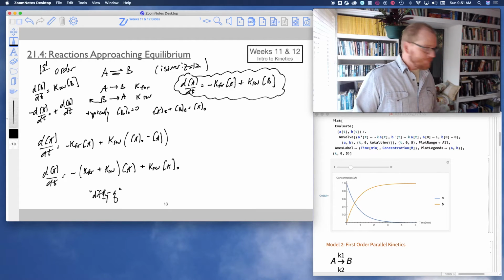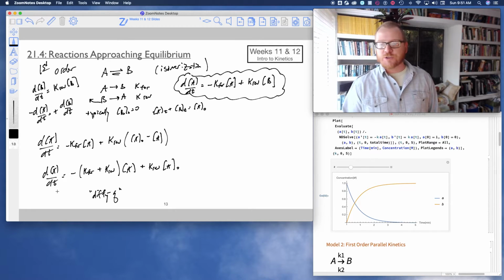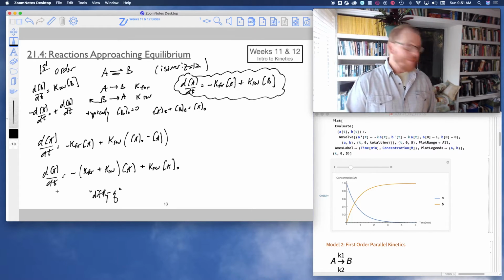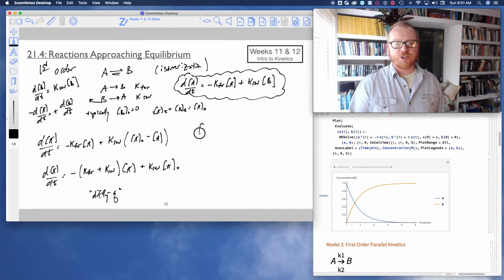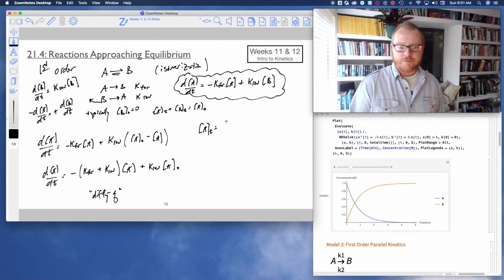So I'm not going to show you how we solve this. As I've kind of alluded to, solving these differential equations is complicated. So I'm going to give you the solution to this, okay? And the solution becomes A at any time equals, and so this becomes kind of a complicated expression, okay?